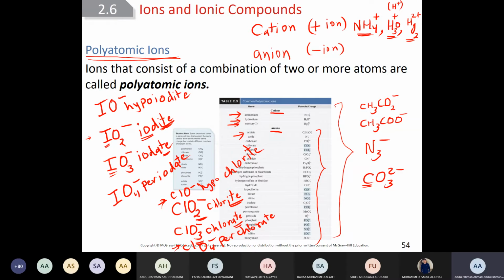Three things you have to memorize: name, structure, and the charge. All of this, you have to memorize extremely well. And this is maybe the most important table that you're going to see in this course. Is this clear?